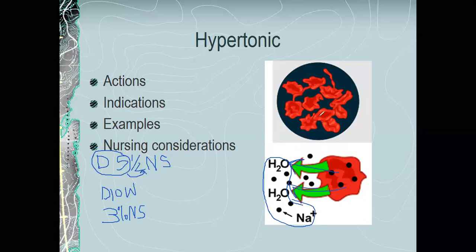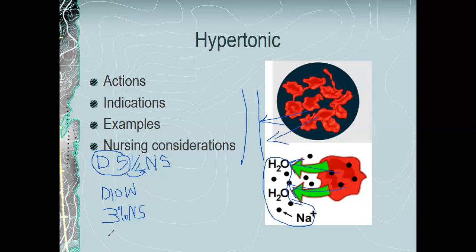Now all the fluid's coming out of the red blood cells and into the vasculature. So you're going to be at risk for fluid volume overload and pulmonary edema. So these will be used in a slow administration and with an infusion pump and constant monitoring for signs and symptoms of fluid volume excess.